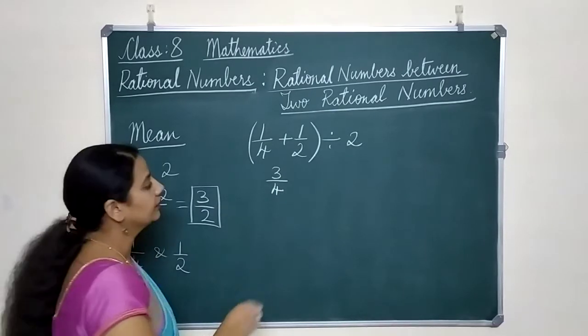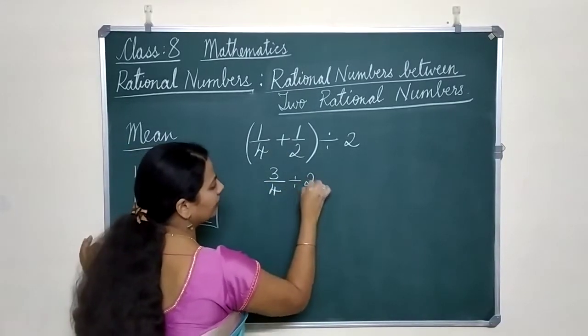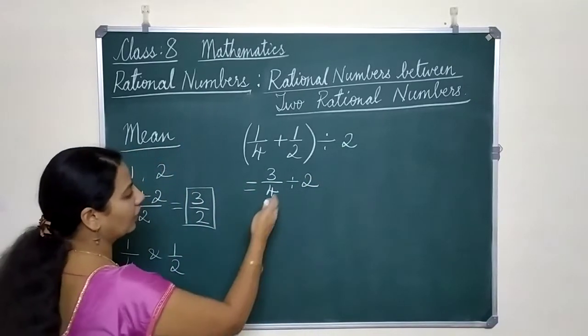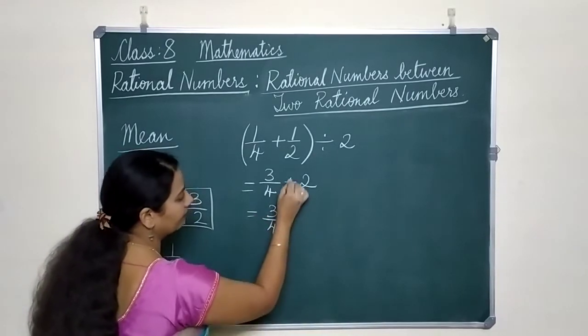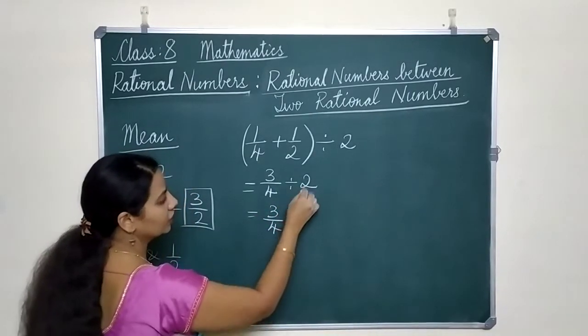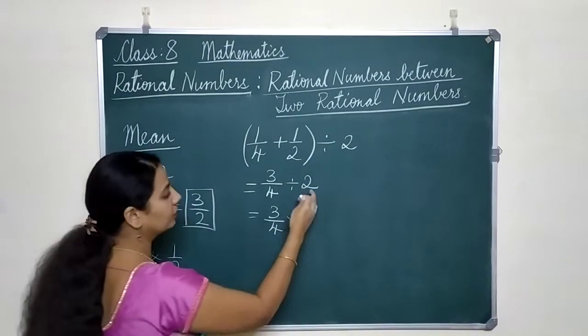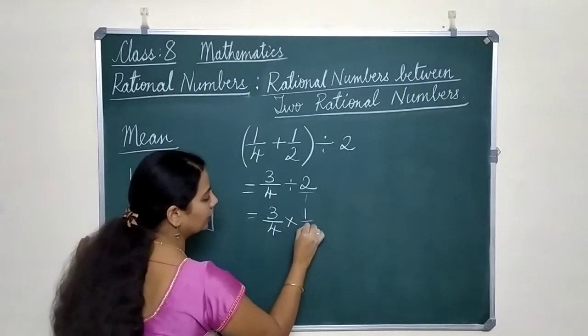Then 3 by 4 you got, and this is divided by 2. How do we do this now? This is 3 by 4, the division sign becomes multiplication, and for 2 we have to take the reciprocal. What is the reciprocal of 2? 2 by 1 is nothing but 1 by 2.